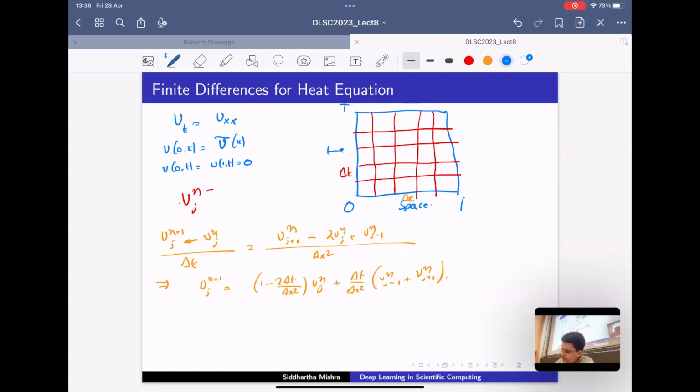Let me write down a few things here. The operator is a mapping that takes v bar, which is my initial data, to v at a later time t, let's say at the final time. It could also be the trajectory, but let's keep our life simple. You just take some initial data, and you take the solution at the later time. So that's the basic idea, right? This is going to be your operator.